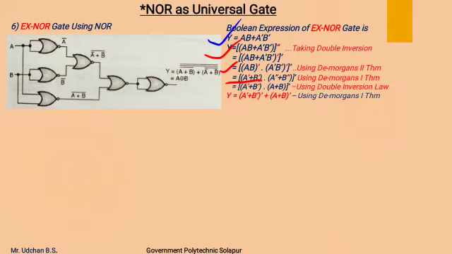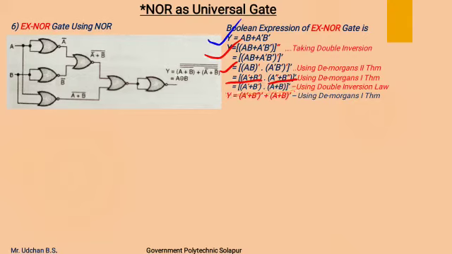Apply De Morgan's theorem to this one, I will get A double complement plus B double complement. Here A double complement plus B double complement can be written as A plus B using double inversion law. So applying one complement, I got this expression A complement plus B complement into A plus B and its whole complement.